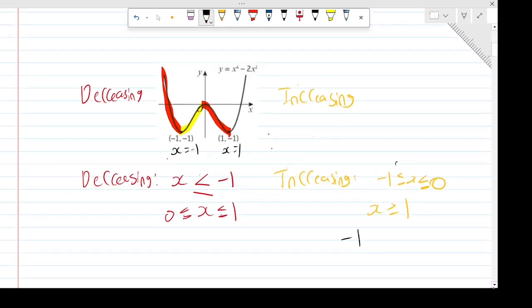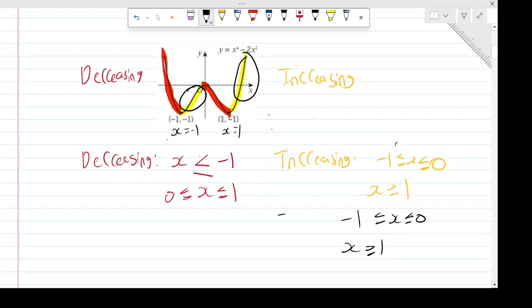So the two regions. This yellow region was between minus 1 and 0, and the other yellow region, which is there, that region is when x is greater than or equal to 1. So that's my two regions of increasing and decreasing.